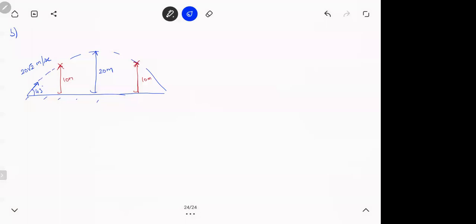Fair enough. So indirectly, what is given here? It is given y coordinate is 10 meters. What is the equation for y? Y is equal to u sine theta t minus half gt square.